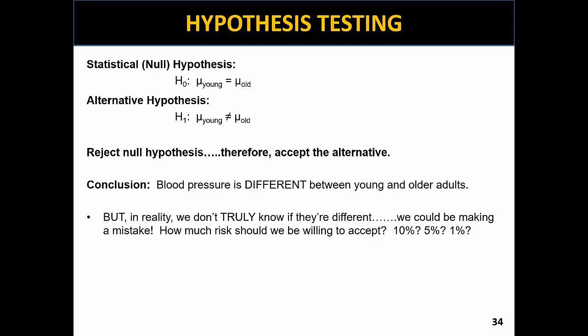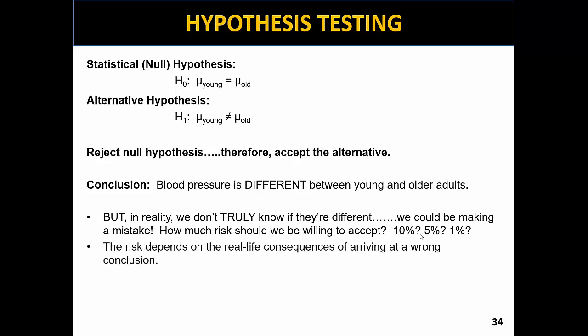And so how much risk are we willing to accept to make that mistake? Are we willing to accept a 10% error rate, 5%, or 1%? And that level of risk really depends upon the real life consequences of arriving at a wrong conclusion. The wrong conclusion is that we say that they're different when in reality, it's really not that different.